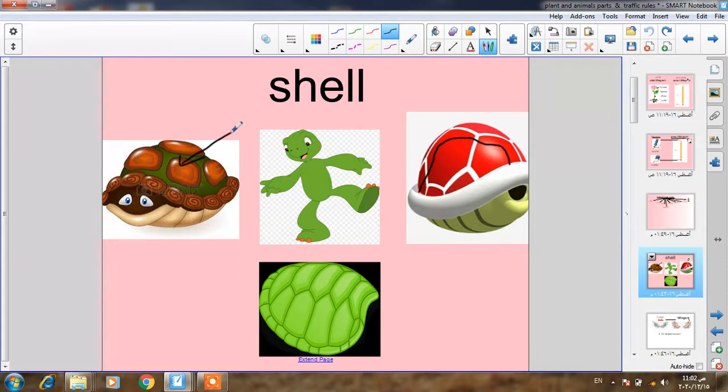Which animal do you think has this shell? Think with me, please. Yes, turtle. Turtle has a shell. Excellent. So the first part we're talking about is shell, and the animal that has a shell is the turtle.